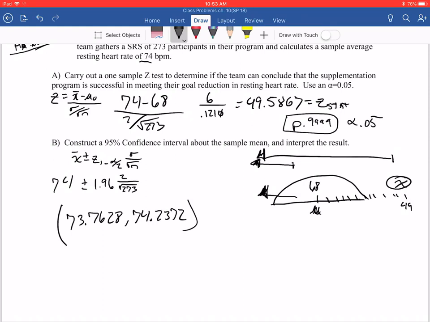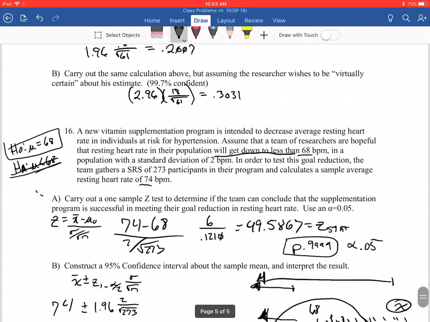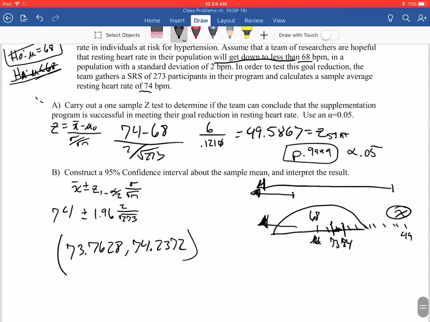As you can see, our confidence interval is 73 to 74, which is greater than 68, which implies that our alternative hypothesis is not supported. So we fail to reject the null hypothesis. We couldn't say that it was wrong, and that's how we interpret and show the confidence interval.